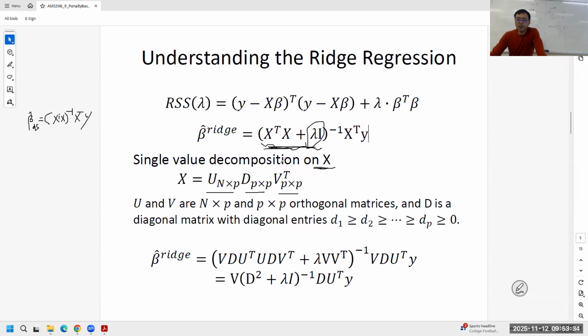Since it's a singular value decomposition, we know U and V have orthogonal columns. D is a diagonal matrix with diagonal entries d1 bigger than d2 and so on. These are our eigenvalues, these are singular values.